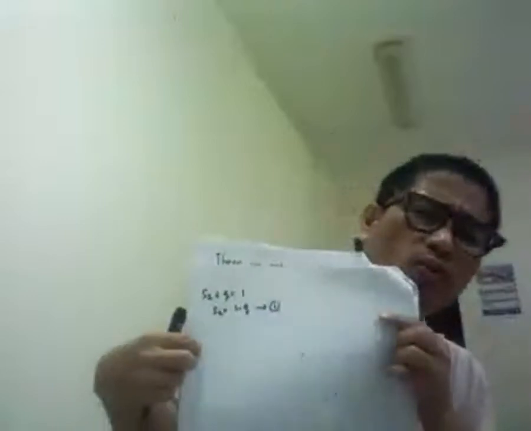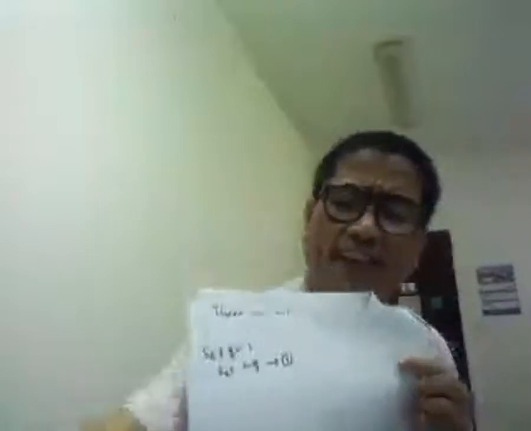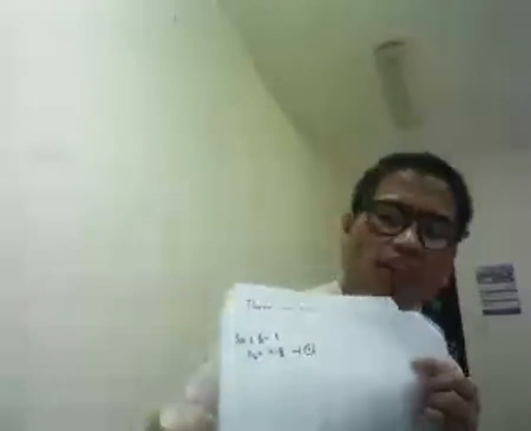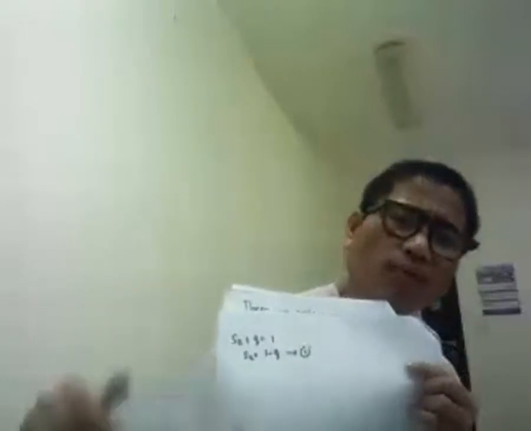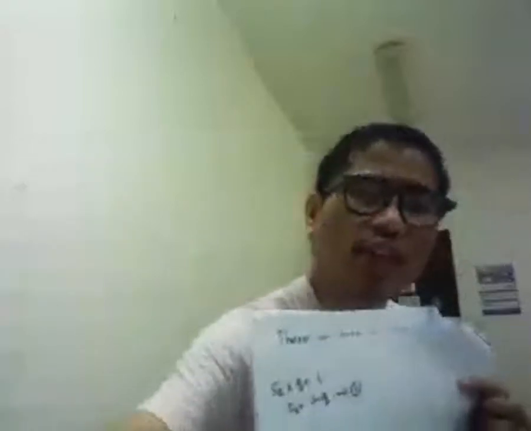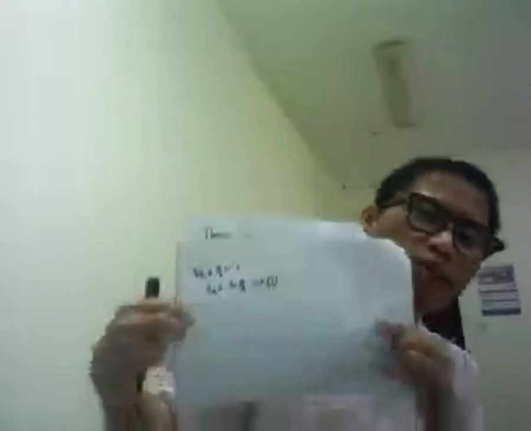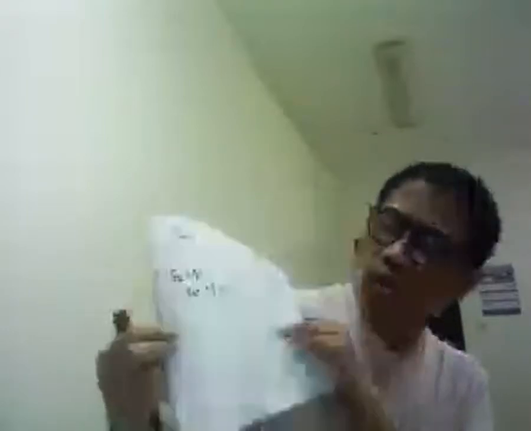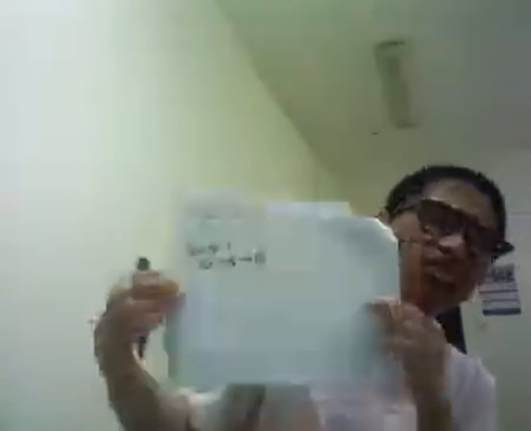Because if you use S1 plus Q, it will yield a negative Q in getting the S2. So we will adjust it. Actually, it looks like trial and error. So if we say S2 plus Q is equal to 1, then S2 is equal to 1 minus Q, guys, like that.